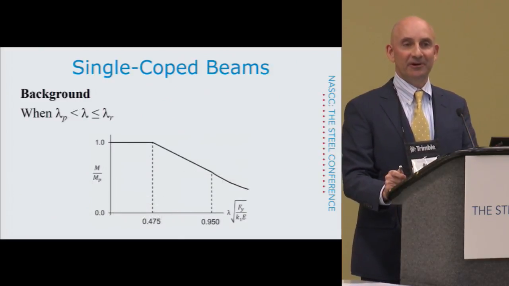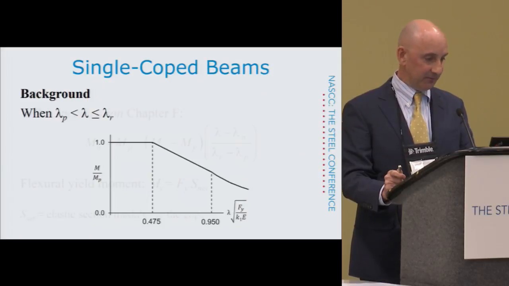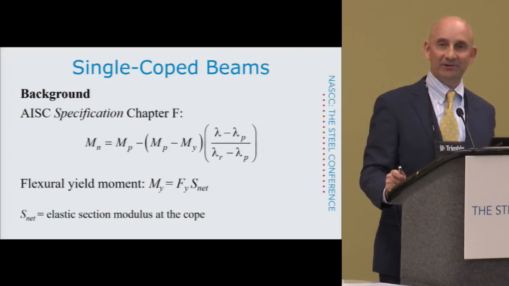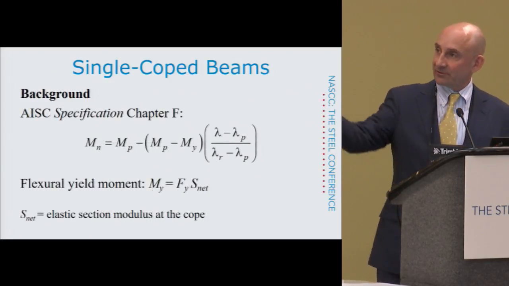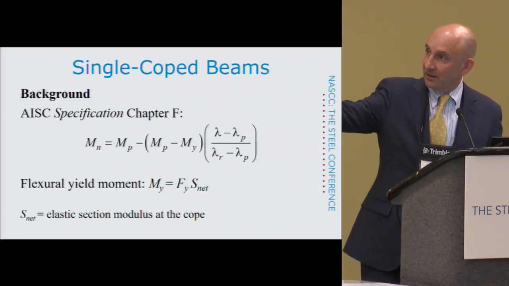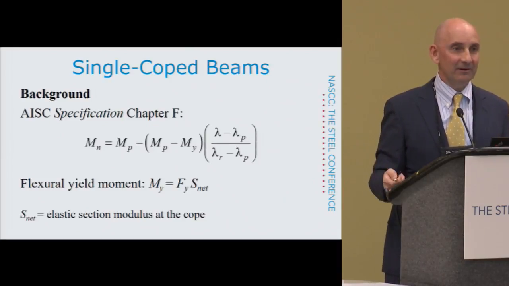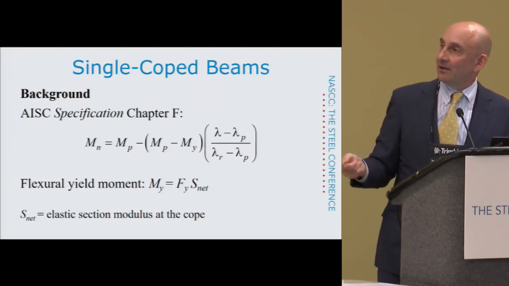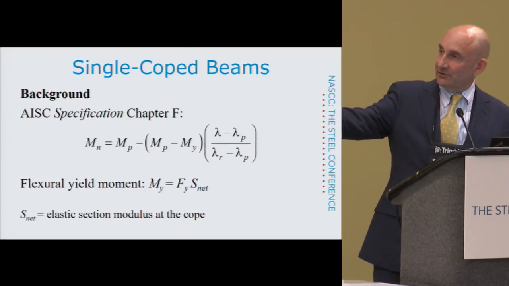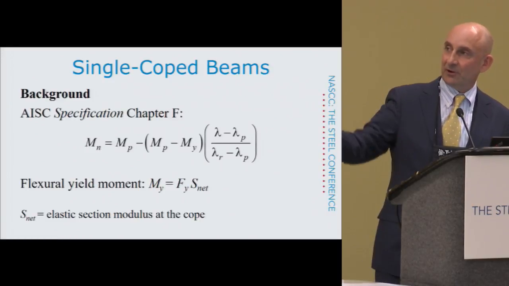When we're in this linear transition range, or the inelastic range, we see this equation in the specification, and we've got the plastic moment M_P, and we've got the yield moment, or at least theoretically, if it had no residual stresses, it would yield at the yield strength times the section modulus at the cope.